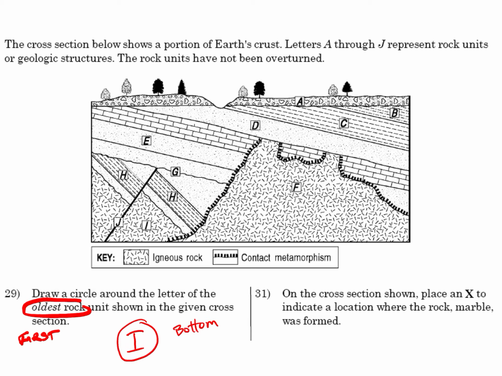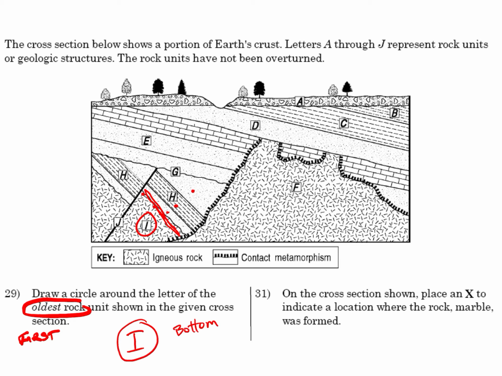Even though it was tilted eventually, it is on the bottom. And I knew it was there before this sandstone or H or this sandstone because there is no contact metamorphism here. It's not burning them. So that means that it was there and it cooled and then the sandstone came on top.